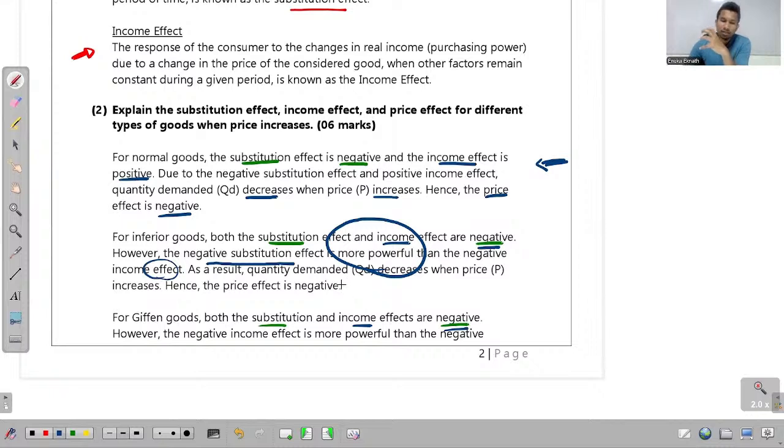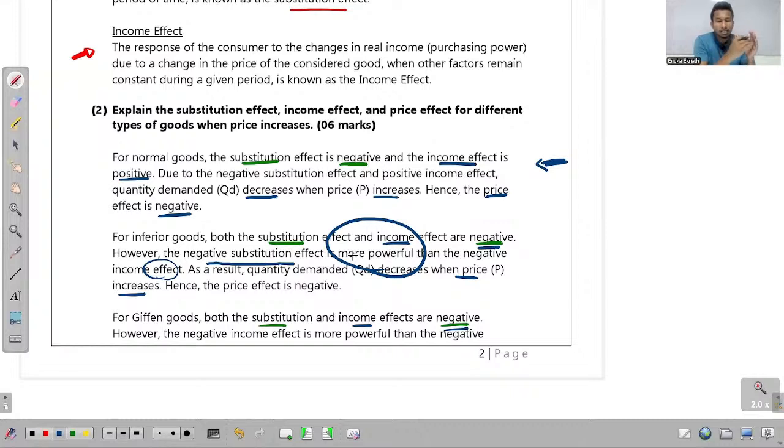So when the price increases, due to the negative substitution effect, quantity demanded decreases, and due to the negative income effect, quantity demanded increases slightly, because the substitution effect is more powerful.